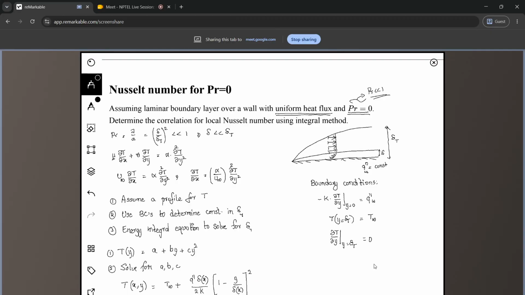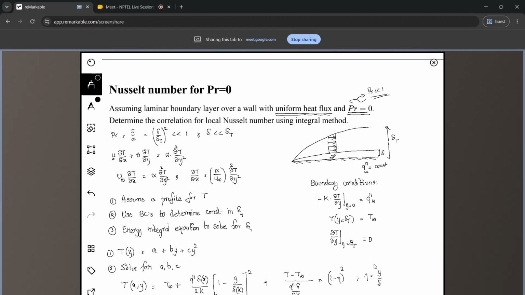So once you have this expression from here, this is straightforward. So you basically define your T minus T infinite by this quantity as 1 minus eta square, where eta is y by delta.